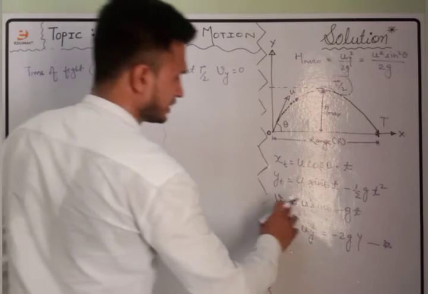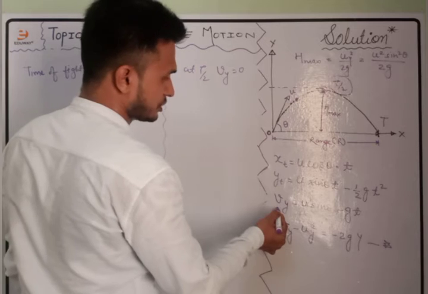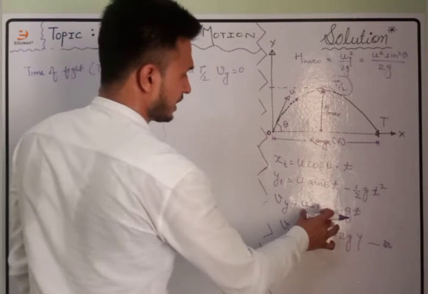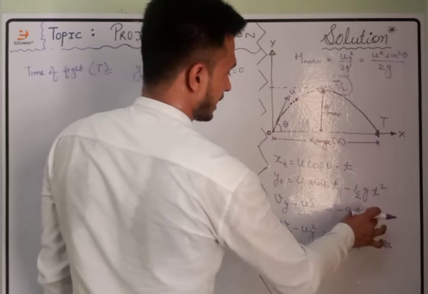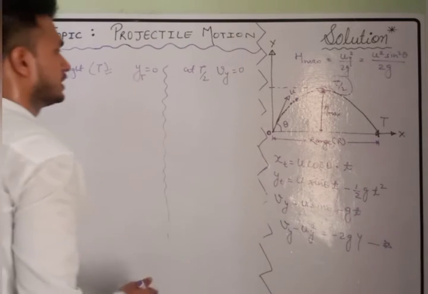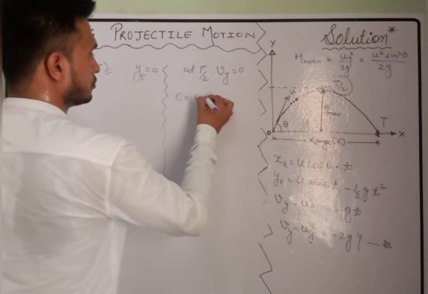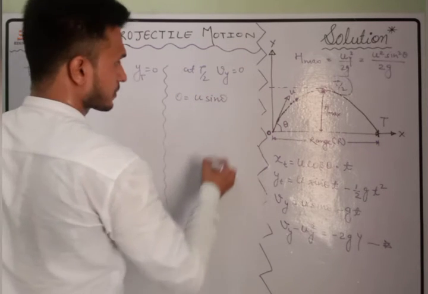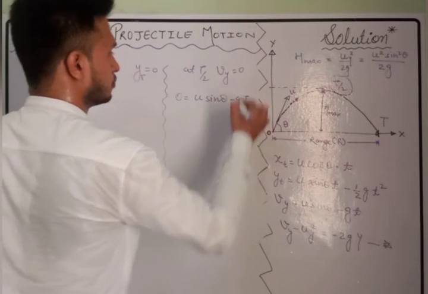In this case, we need to use this formula, because we know that vy is 0, we know the value of g, we have already been given the initial component of velocity along y, and we need to find t. So t is the only unknown here. So we use vy equals 0, equals u sine theta minus g, and time is T by 2.